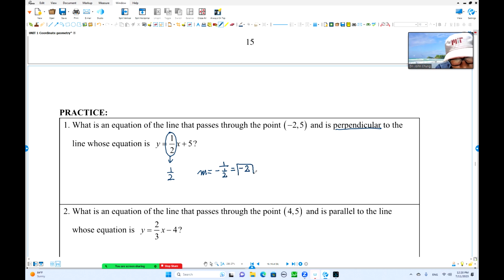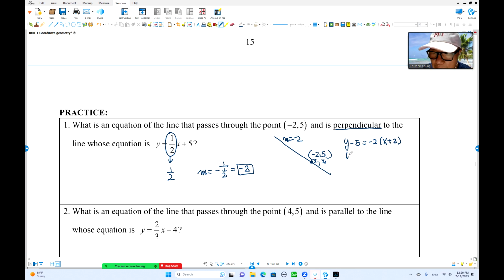That's the slope. This one has a slope of negative 2, but it's going to pass through this point, negative 2, 5. The slope is negative 2. Watch the equation. y minus y1, this is y1, this is x1. The point, the slope is negative 2, x minus minus 2 is plus 2.